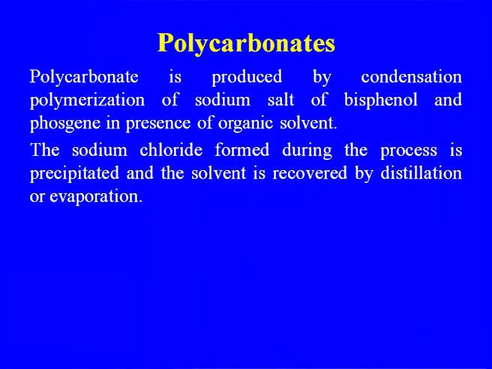As far as the process technology is concerned, polycarbonate is produced by condensation polymerization of the sodium salt of bisphenol and phosgene in the presence of an organic solvent. The sodium chloride formed during the process is precipitated and the solvent is recovered by distillation or evaporation.